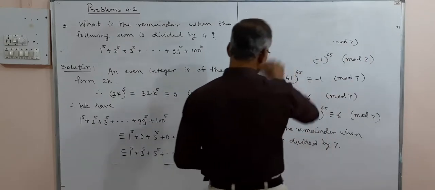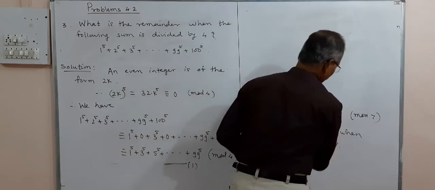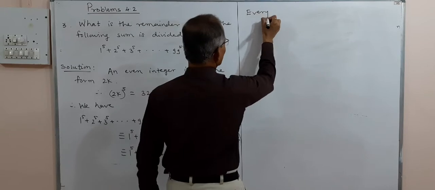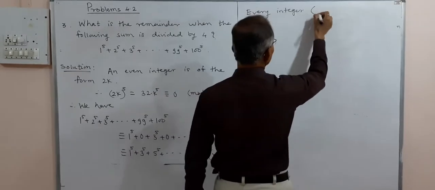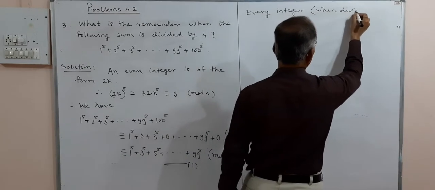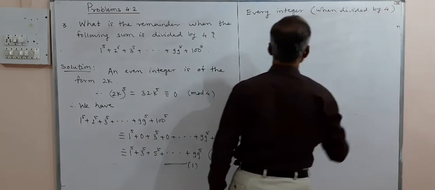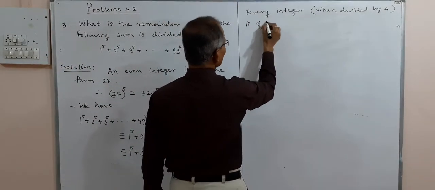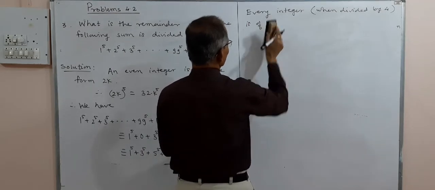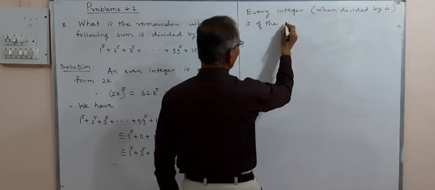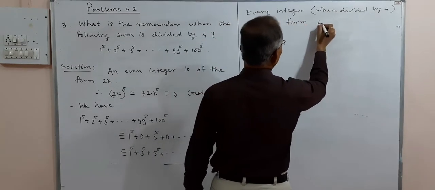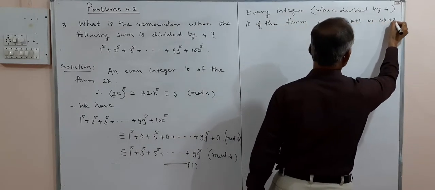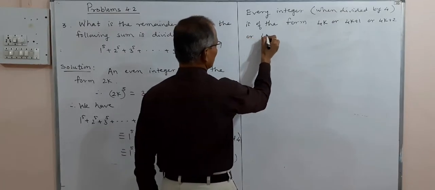Every integer when divided by 4 is of the form, because modulo 4 we have to consider when divided by 4, one of the forms 4k, or 4k plus 1, or 4k plus 2, or 4k plus 3.